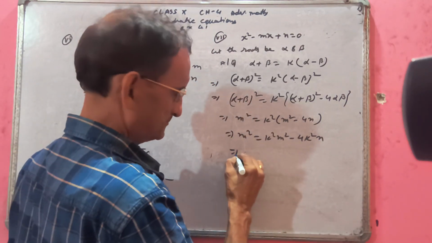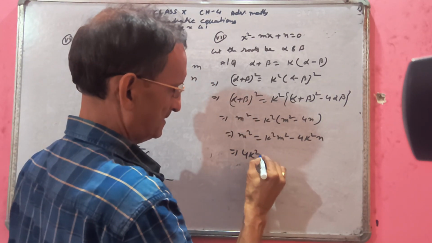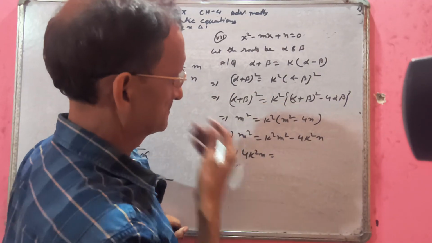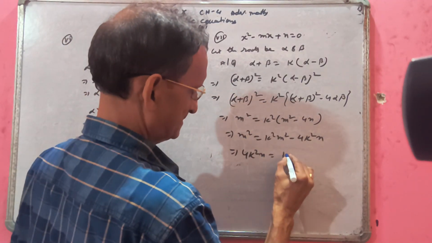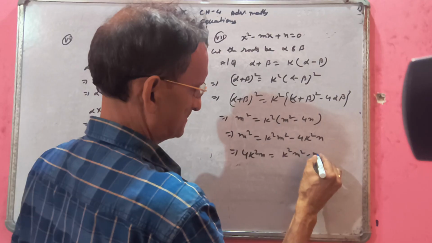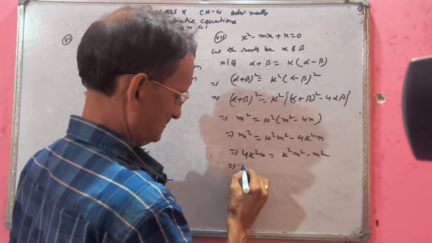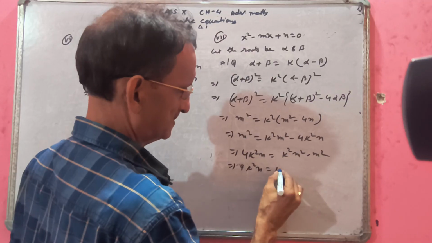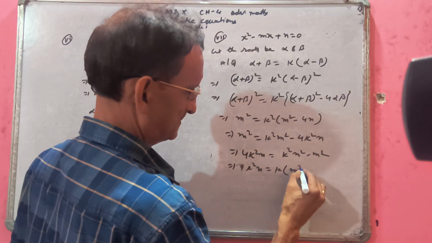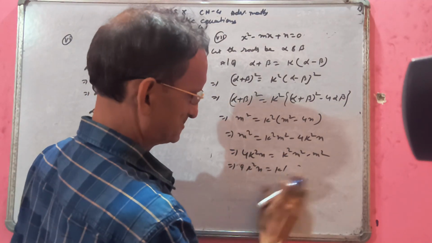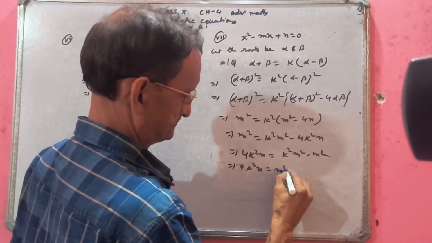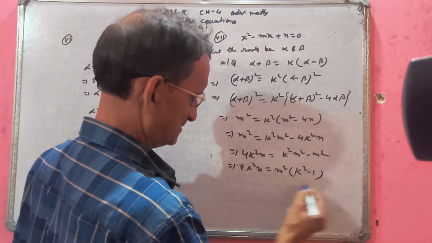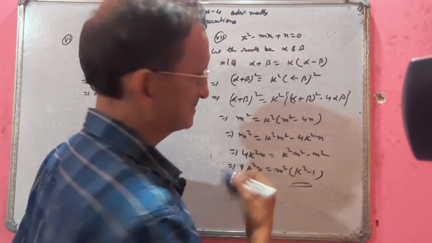So transposing, 4k square n equal to k square m square minus m square. So 4k square n equal to, k square common, then m square, m square common, then k square minus 1. It can be the other way also, which is the required condition.